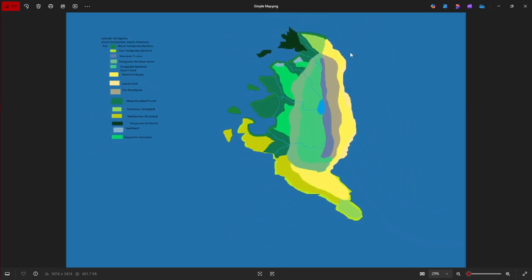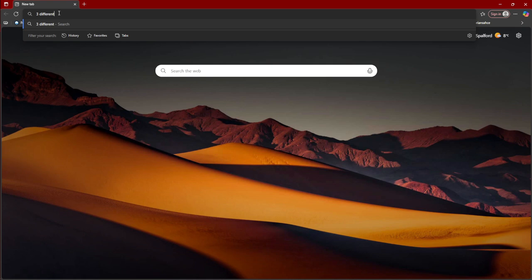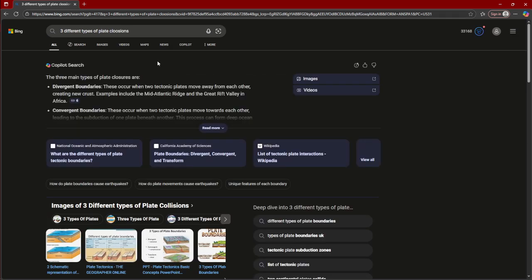What formed this island was the, what do you call it? I will get back to that. What formed this island was three different types of plate collisions. Is it convection?